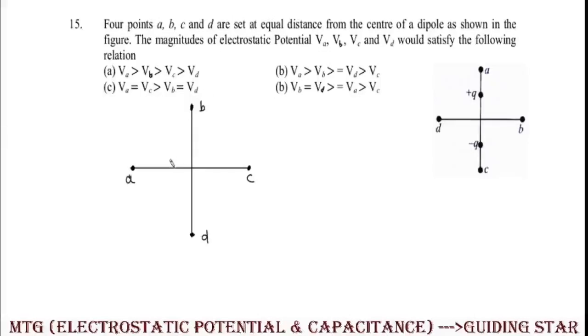What is the dipole? The dipole is plus Q towards A and minus Q towards B. Okay, so this is the dipole. So as this is the dipole, what is the relationship of potential at all the locations A, B, C and D?